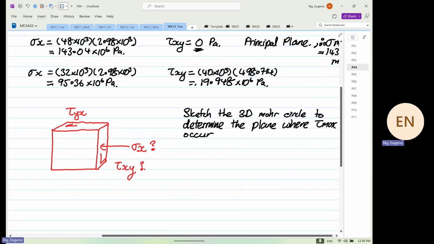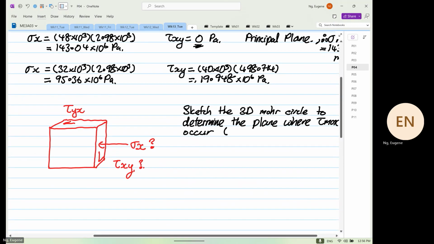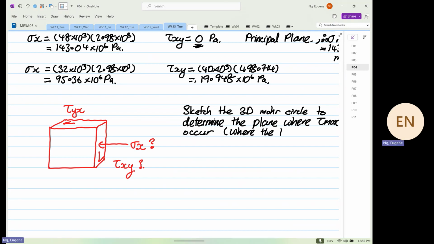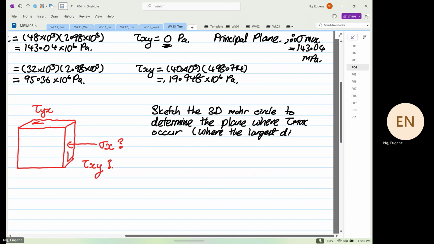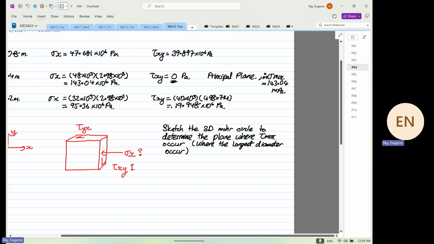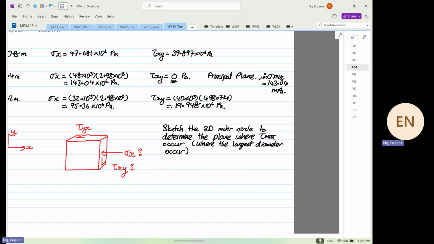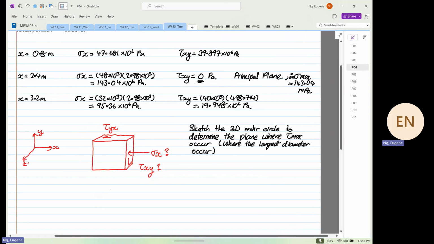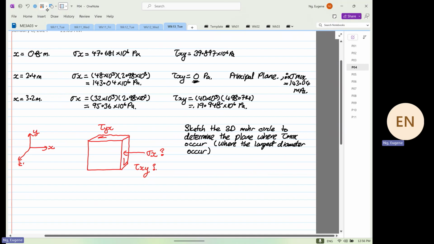To put in simple terms, where the largest diameter occur. I know it doesn't look good now, you don't really understand what I mean. It's okay. I will do it for you. I want to show you what this actually means.